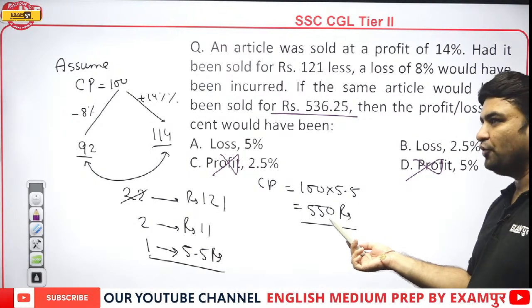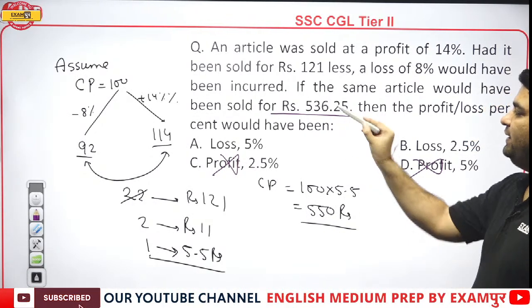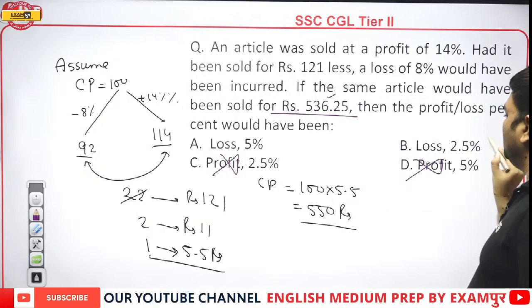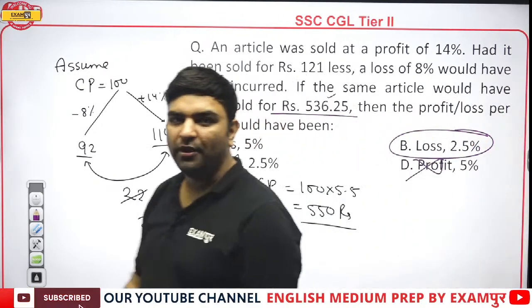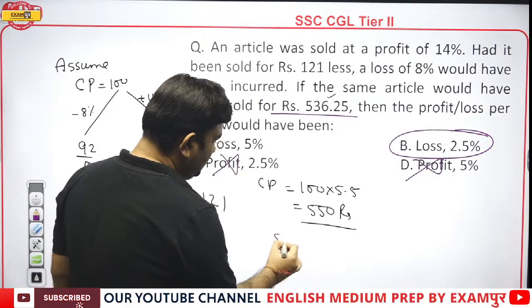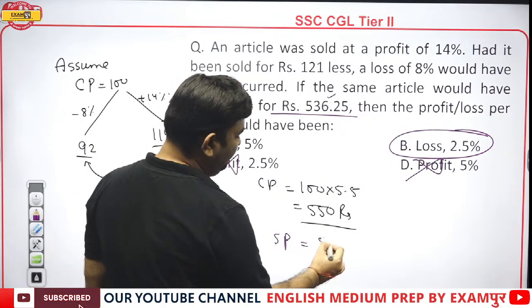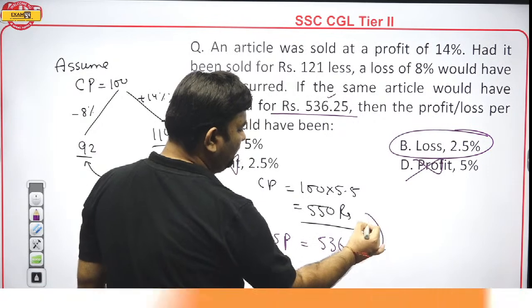If there is a loss of 27.5, it will become 22.5. It's double of that, so only 2.5% loss. The selling price is given as 536.25.